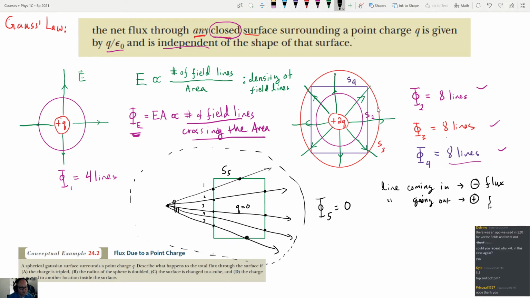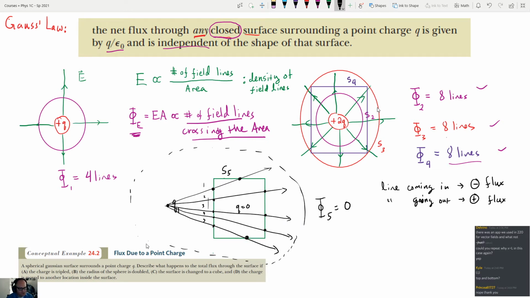Then every line that comes in, all 5 lines, automatically leave. And if you want to, you can try to imagine drawing some kind of surface such that this wasn't true, but you won't be able to do it.